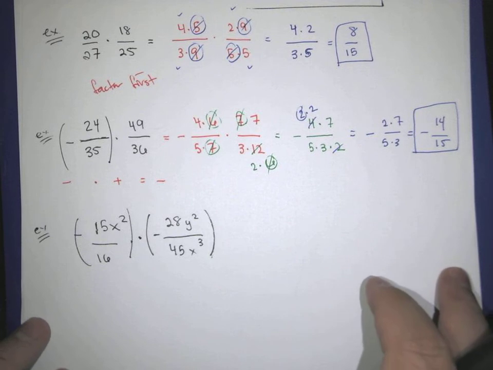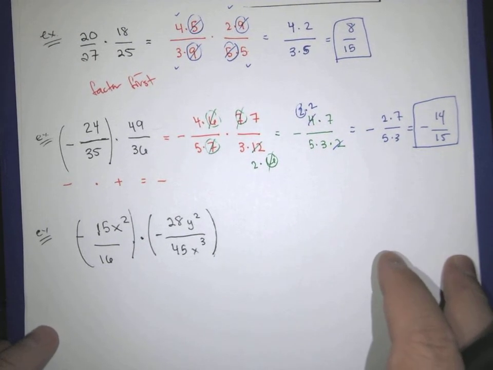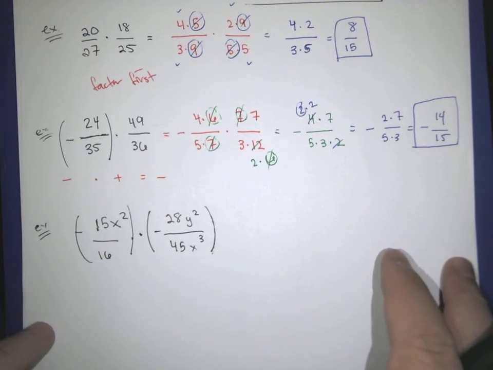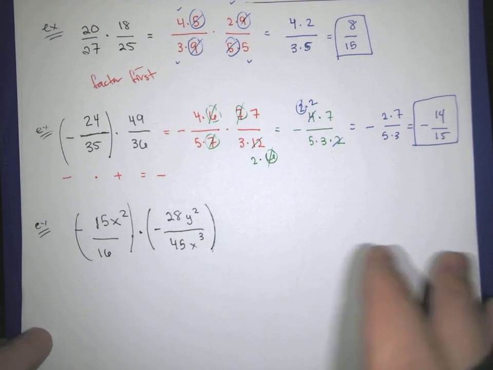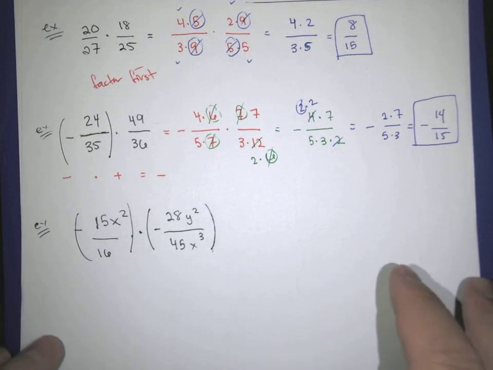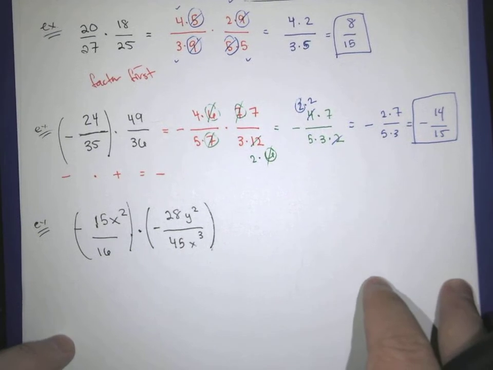So maybe I have something like this. If I start to mix variables in, just as when we were reducing to lowest terms, we can expand our variables out, and then just like with the factors, cancel them one for one.